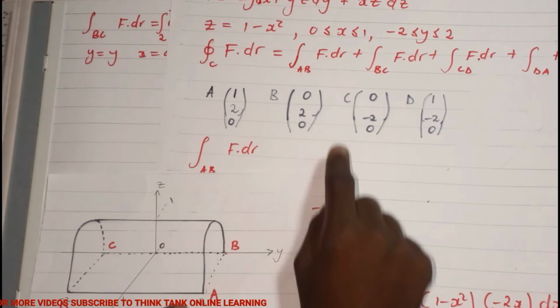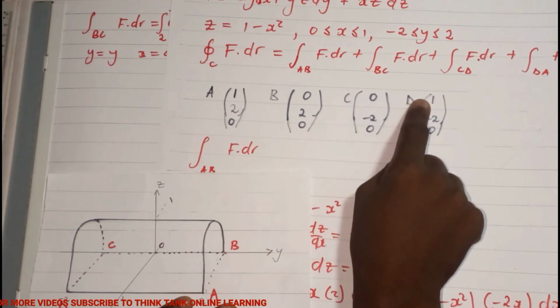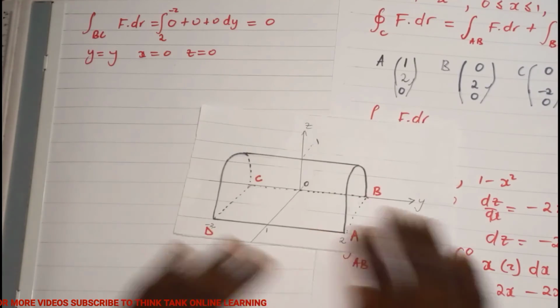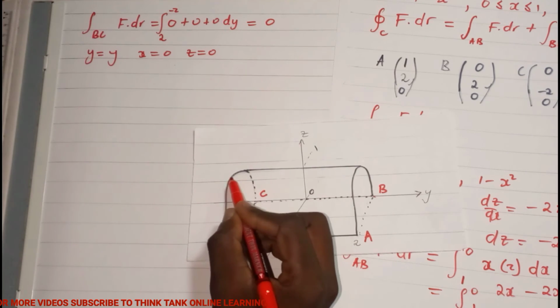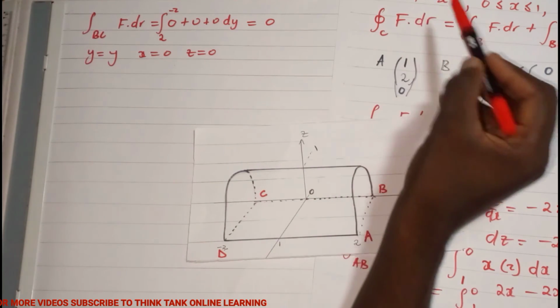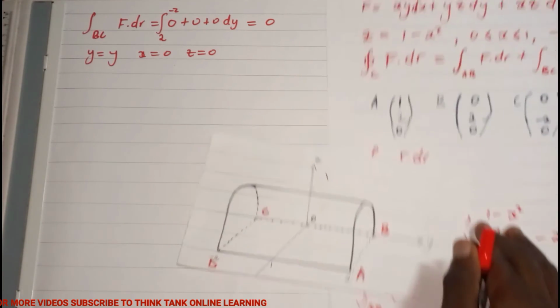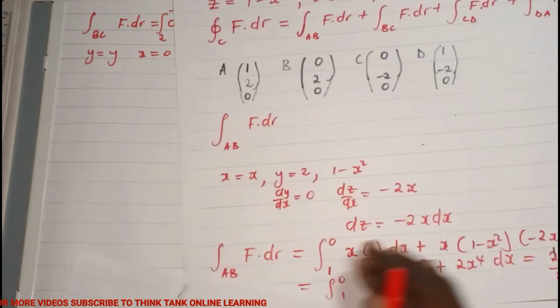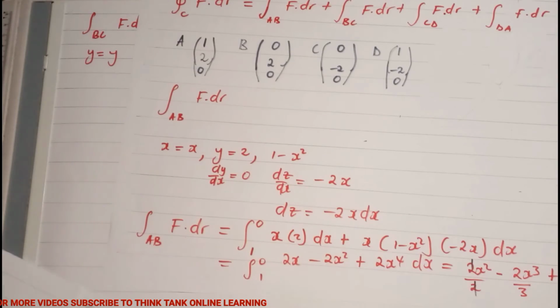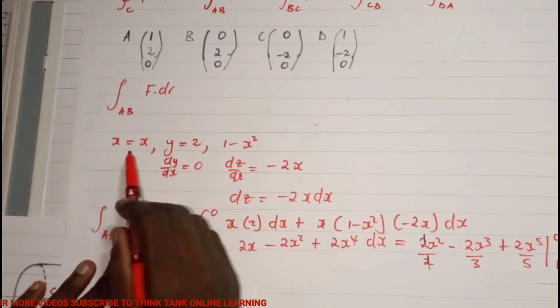And now we want to move from C to D. So from C to D, this is the curve, and the equation of this curve is z equals 1 minus x squared. Like we did when we found the line integral of AB, we said x is equal to x.